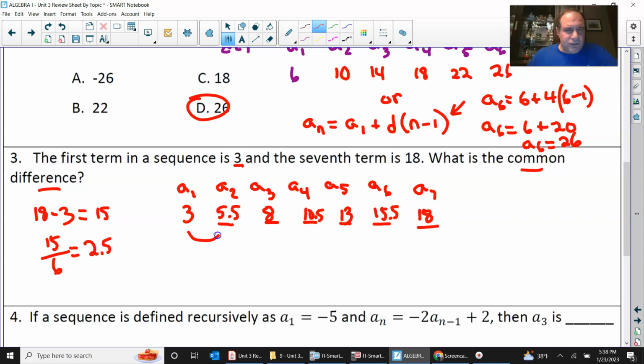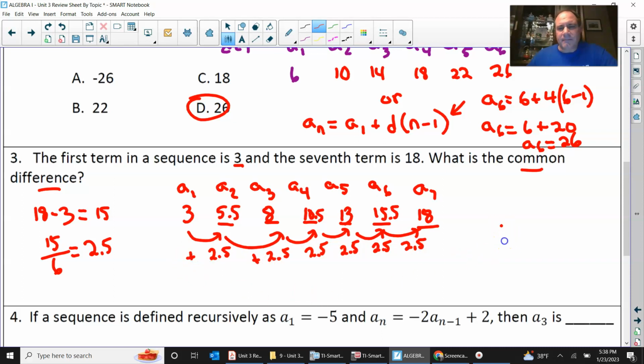So every jump would be adding 2.5. That's really just how I would do it, figuring out the jumps like that. So the common difference is 2.5.